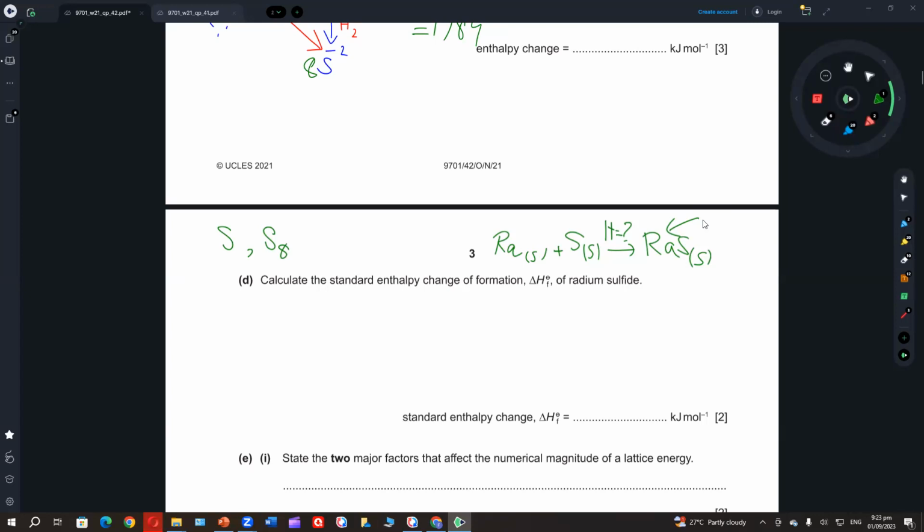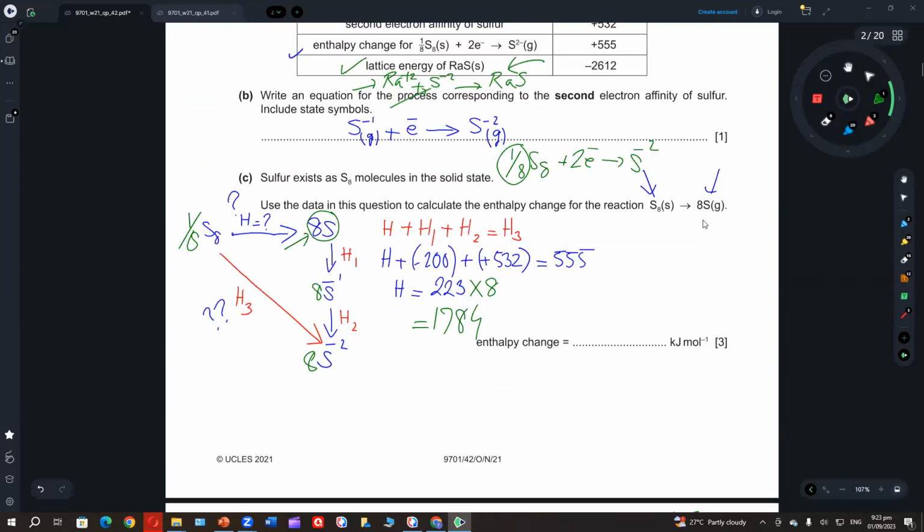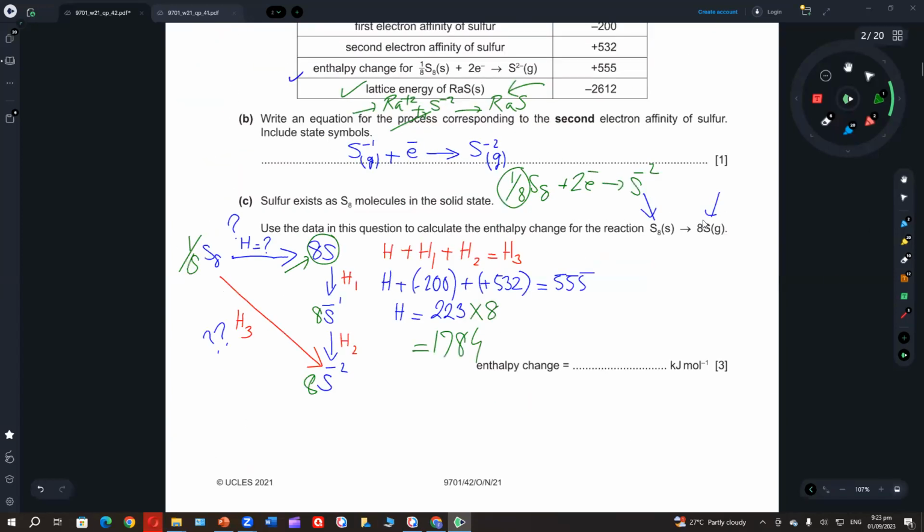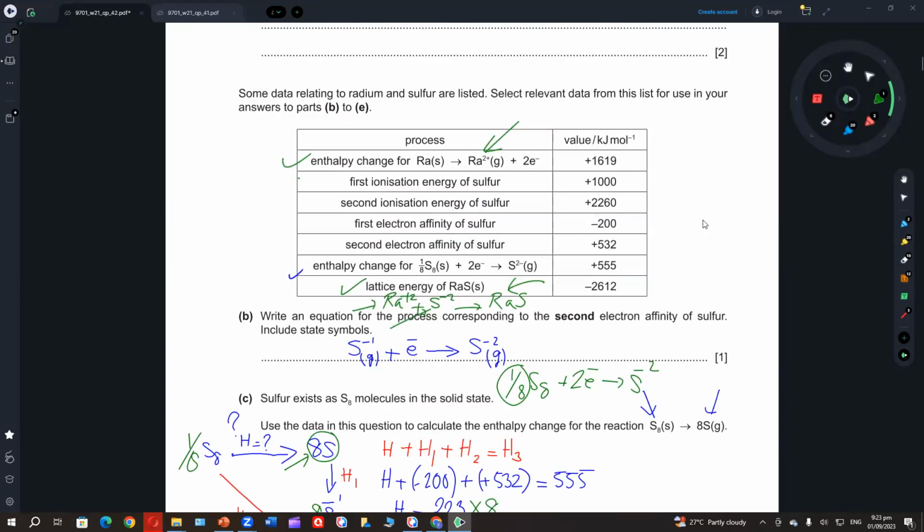Shouldn't we take S because we're getting 1 mole of radium sulfide? No, don't confuse S8 with 8 moles. Do you remember allotropic forms? S8 is 8 atoms of sulfur.